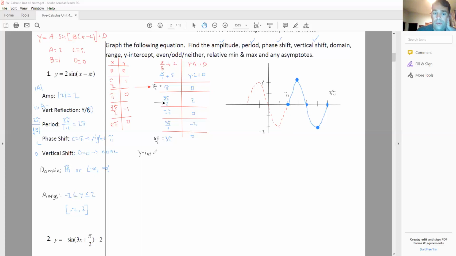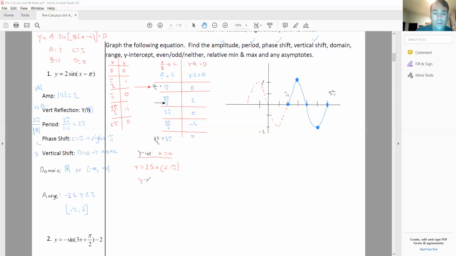But if we don't trust ourselves from drawing the pattern repeatedly, you can always just plug 0 in for x. And we know how to evaluate on the unit circle. So this would not be a big deal for us. So let me go ahead and show just plugging 0 in for x there.